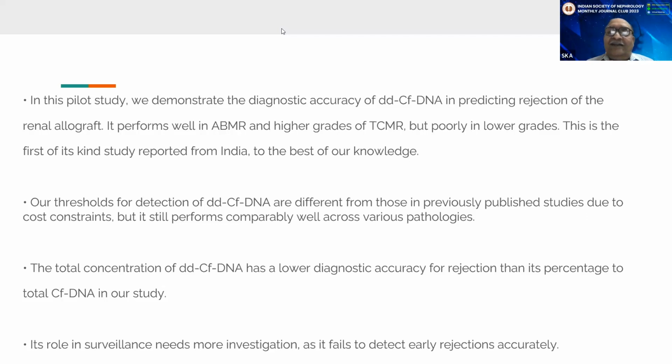Now the next point is that the financial disclosure mentioned no financial disclosure. Think of cell-free DNA; somebody has to pay. I'm not sure whether the patient paid for the test or the hospital paid, but saying that there is no finance involved is not appropriate.